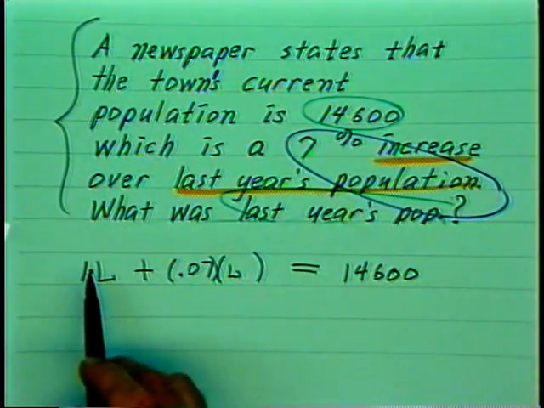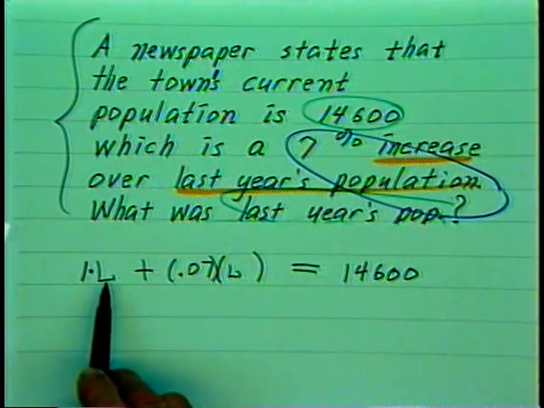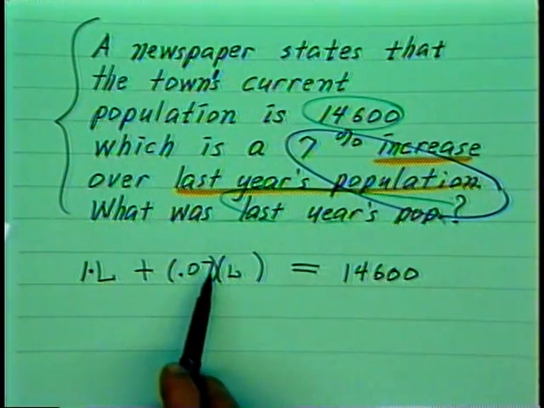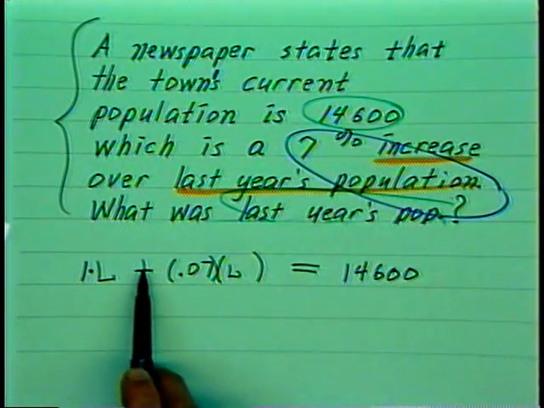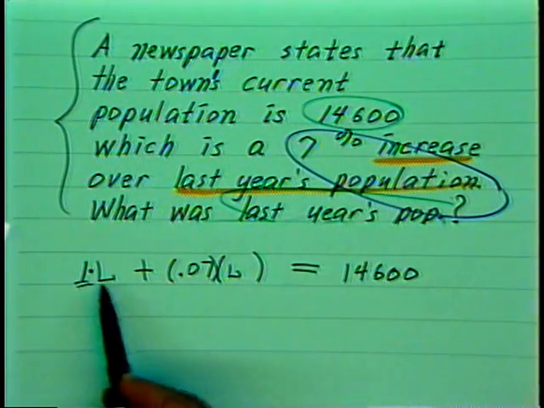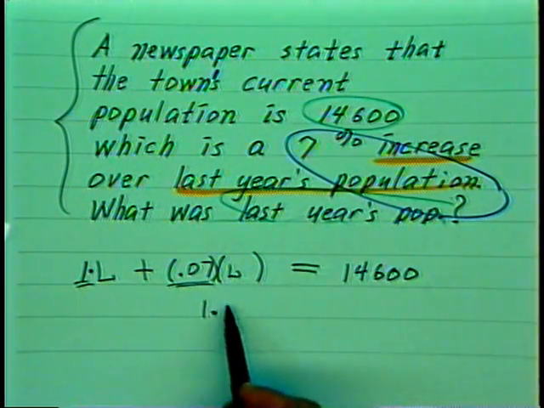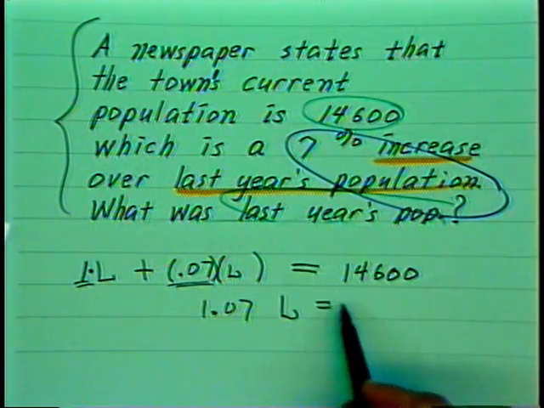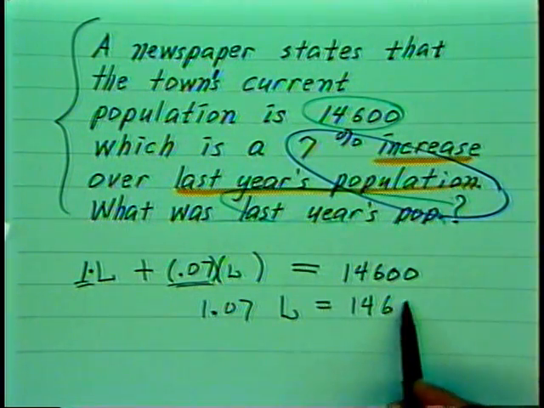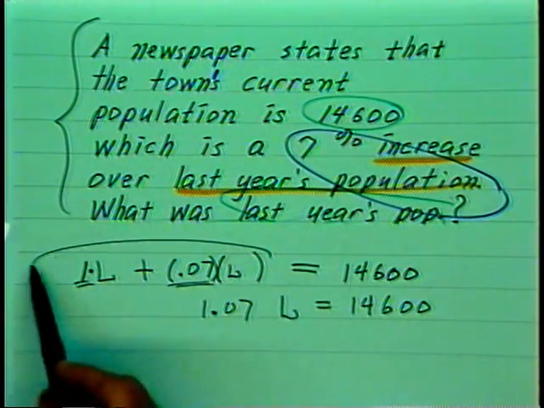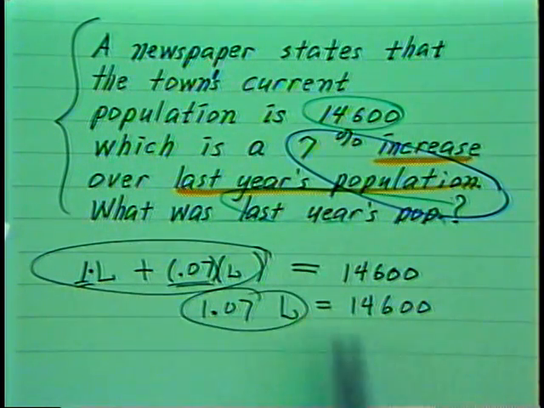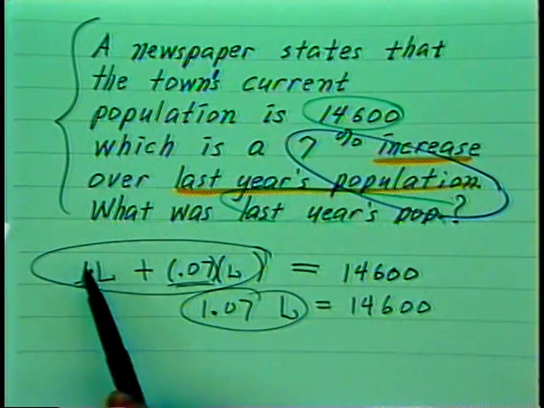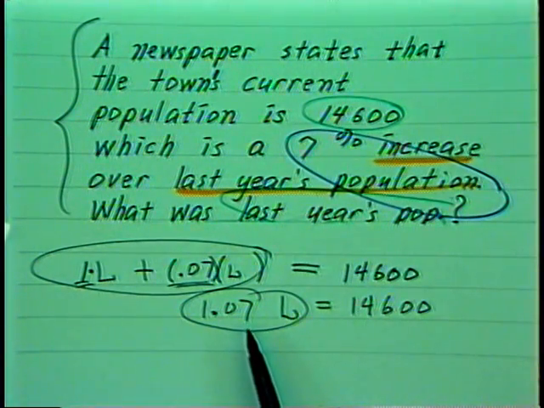So you'll learn that if I have one variable L here plus 0.07 L, then grand total I have 1.07 of last year's. Now this process of going from here to here in algebra you would call combining like terms, and I don't expect you to necessarily follow me comfortably, but at least you can get the flavor of it.